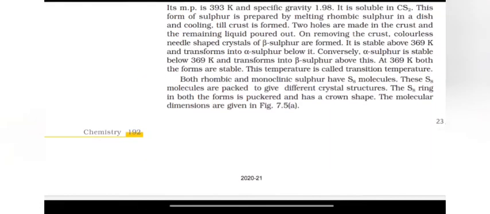Both rhombic and monoclinic sulfur have S8 molecules. These S8 molecules are packed to give different crystal structures. The S8 ring in both the forms is puckered and has a crown shape. The molecular dimensions are given.